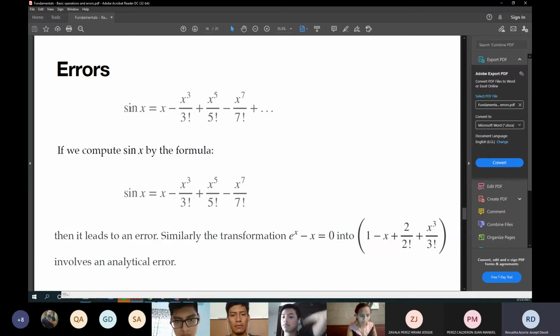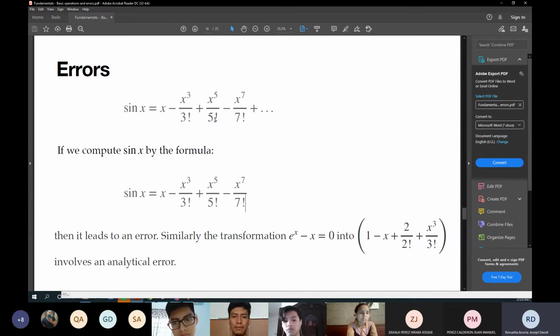For example, in the very old versions of Fortran, sine of x wasn't available as a function, so you had to use one of these series. So when we transform from any physical value like sine of x to a computational problem, we have this kind of situation. So we use until the 17th power to obtain an error of 0.002. That's a very good estimate. But if you use 14 terms, you'll see that the error is incredibly minimal.